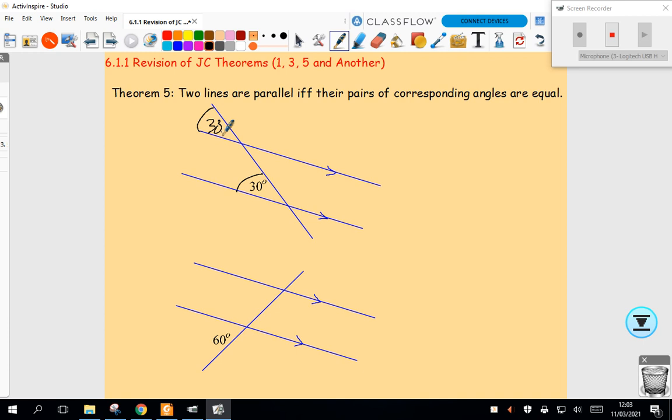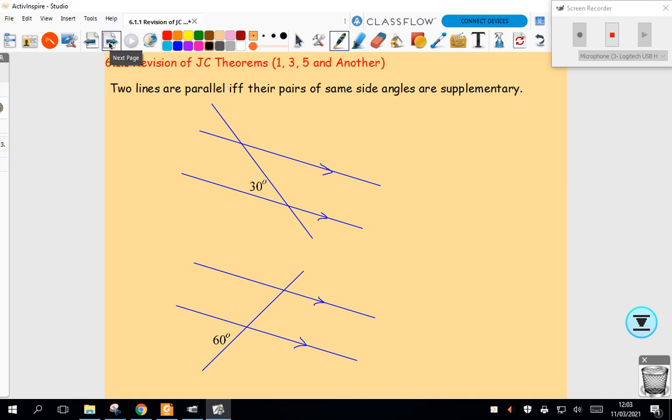Similarly, over here, we're given two parallel lines. We know that two lines are parallel if and only if, for some transversal, their pairs of corresponding angles are equal. So if these are parallel, then we can conclude that the corresponding angle here is also 60 degrees.